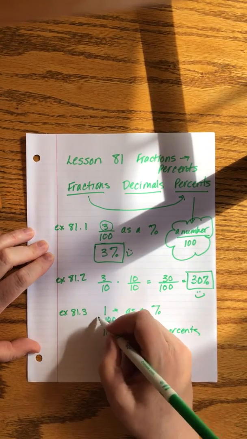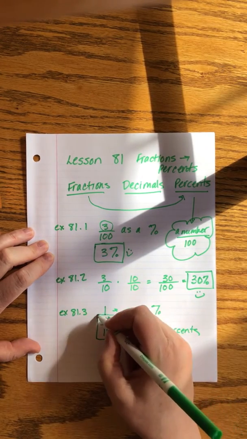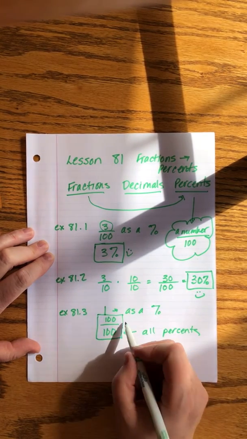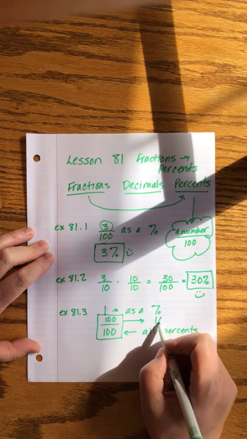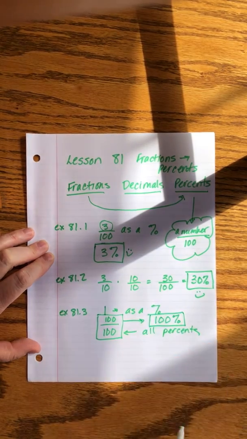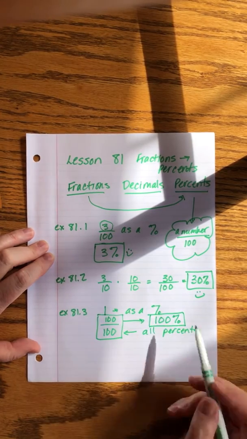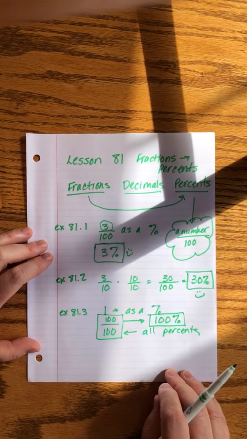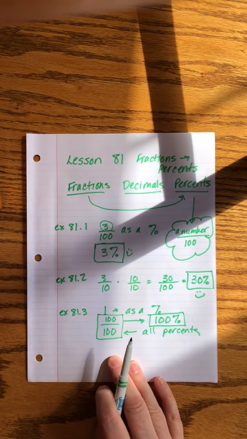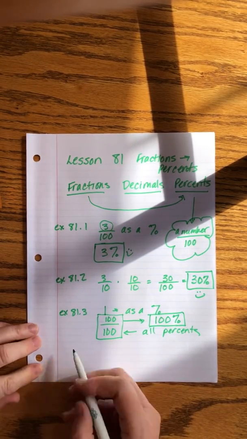So 100 over 100 would be the way that we express 1 as a percent, but that's a fraction, so we'll write it as 100%. Does that make sense? So 1 equals 100%. Easy, okay? Example 4.